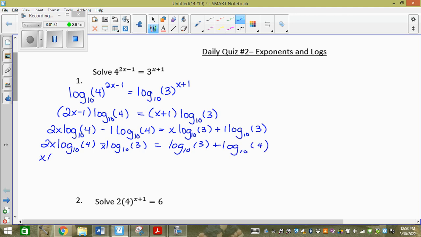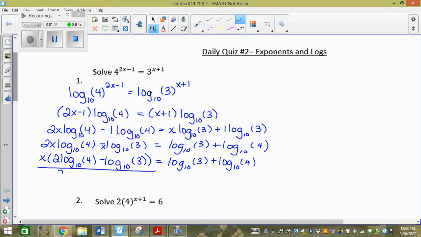Take an x out, and we're left with 2 log base 10 of 4 minus log base 10 of 3 equals log base 10 of 3 plus log base 10 of 4. Divide by 2 log base 10 of 4 minus log base 10 of 3.